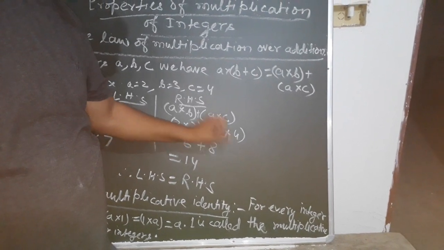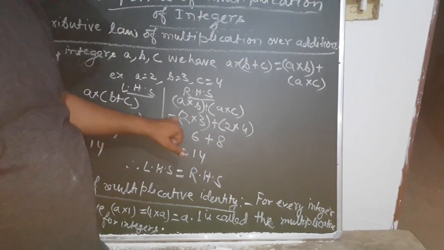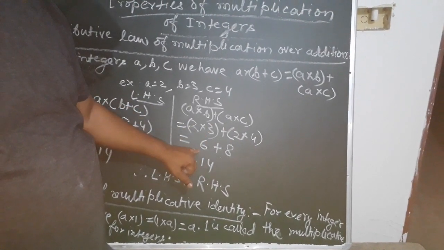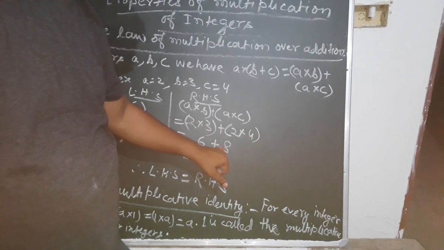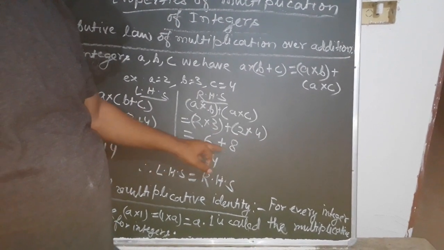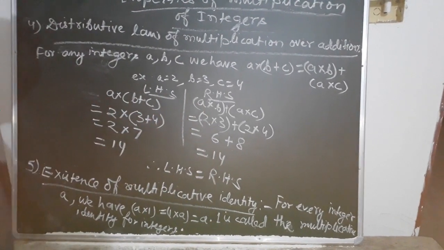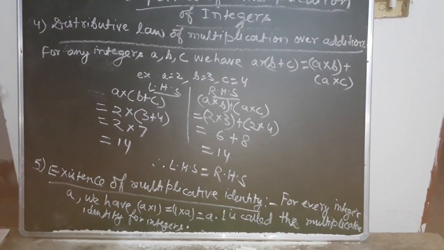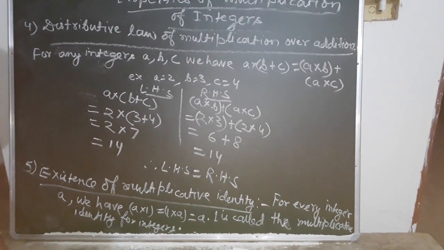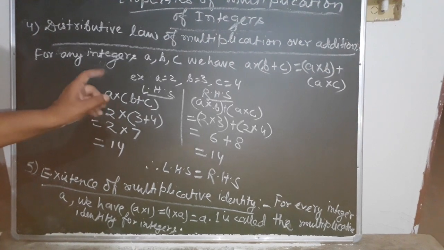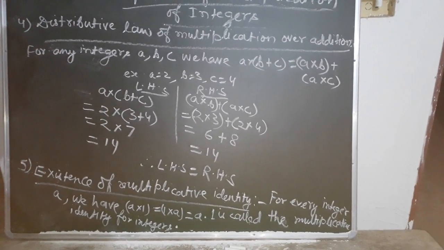The value of c is 4. 2 multiplied by 4 inside the bracket. So 2 multiplied by 3 is equal to 6, and 2 multiplied by 4 is equal to 8. The 6 plus 8, 14. LHS is equal to RHS. So, distributive law of multiplication over addition. This was an example of distributive law of multiplication over addition.